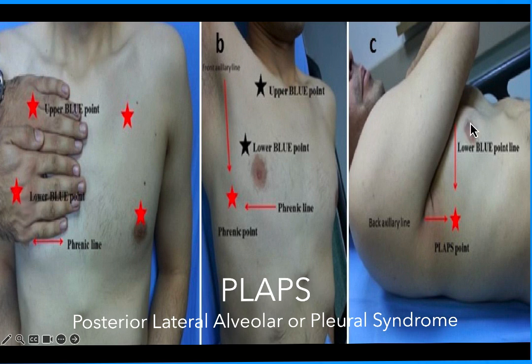If you draw a straight line from the lower BLUE point laterally on each side, the intersection between the lower BLUE point line and the posterior axillary line is known as the PLAPS point. The reason this point is important is you can see certain lung pathologies at this point, all right? And we will go over some examples of what the lung pathologies are.